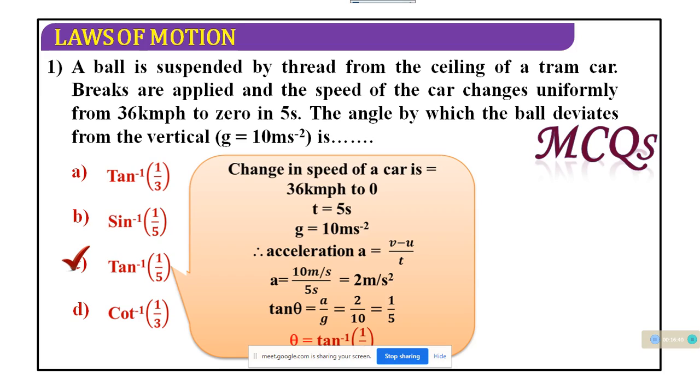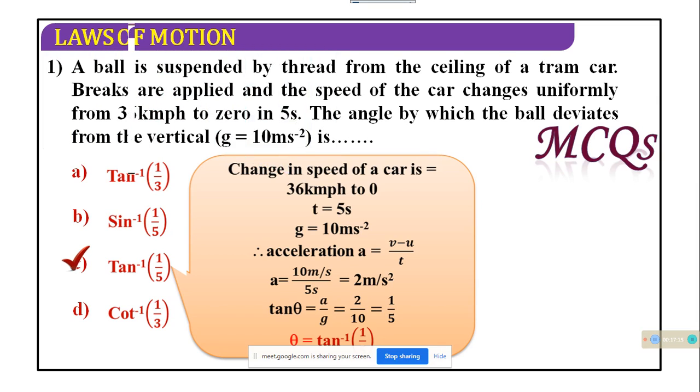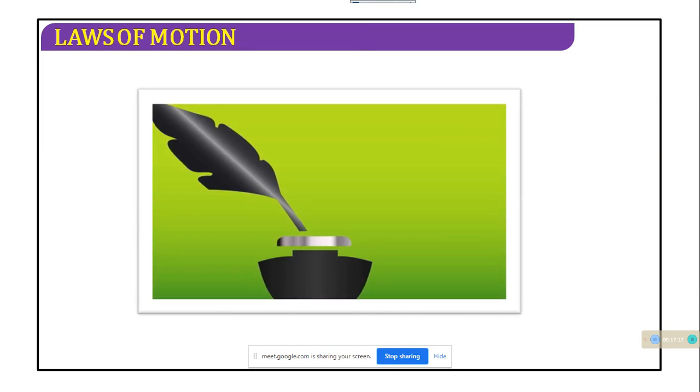So the change of speed, that means the acceleration, equals 2 meter per second square, and tan theta equals a by g, which is one-fifth, so theta equals tan inverse of one-fifth. Here, 1 km equals 1000 meter, so 36 km/h equals 36000 meter per hour, and 1 hour equals 3600 second, and v minus u equals this. Thank you.